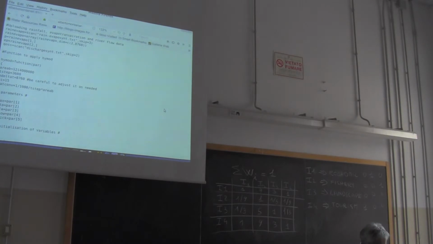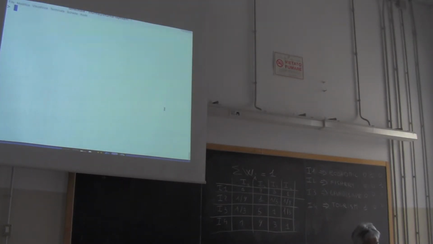We had a suggested R code that you already downloaded, but the R code was just for applying iMod. And I just would like to remind you that the purpose was to apply the iMod model for reproducing river flow, based on rainfall and evapotranspiration data.